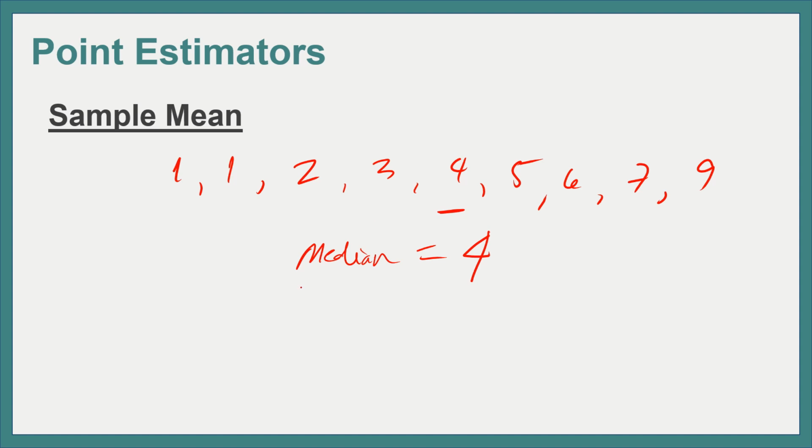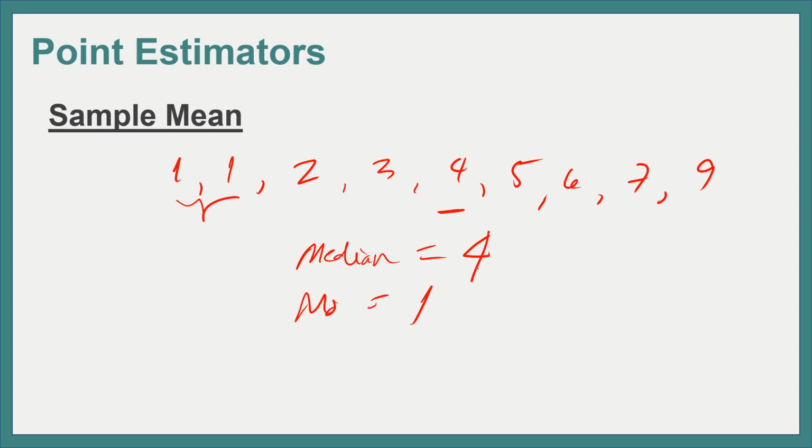So if we would like to solve for the mode, then the mode of this sample is equal to 1, because 1 is the most frequently appearing value in our data set. So median and mode are also a way of estimating the median and the mode of the population parameter.